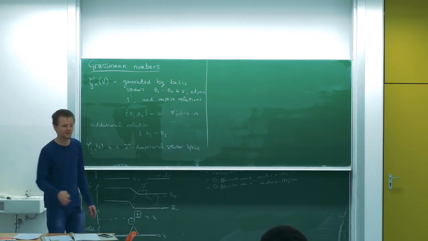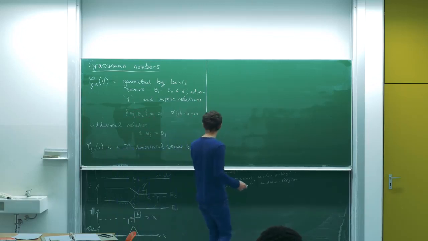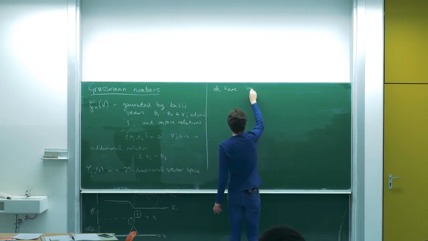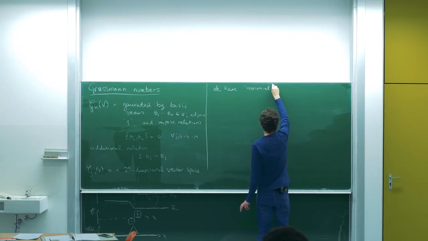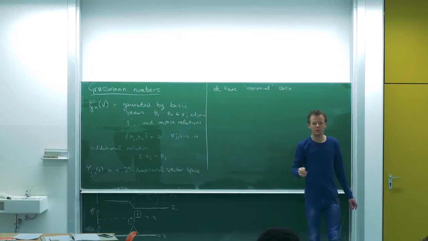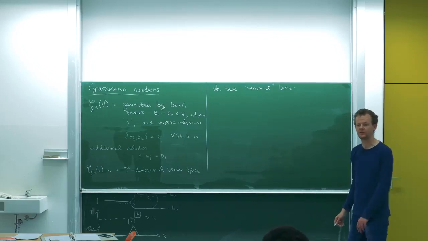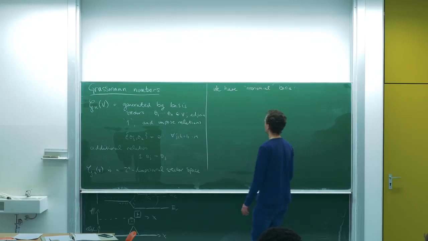And we have a basis for this vector space. We have something called the monomial basis for this vector space, which comprises all these basis vectors in order.